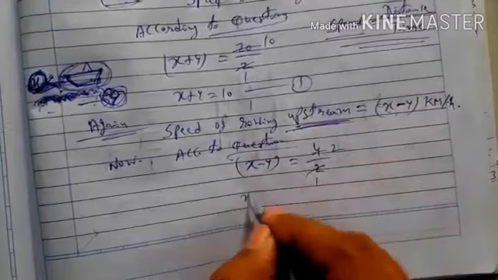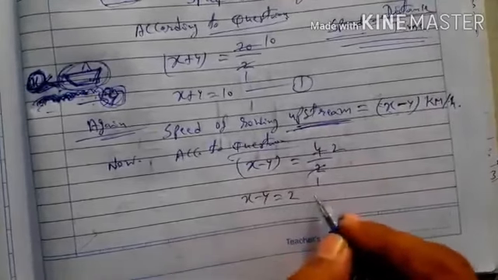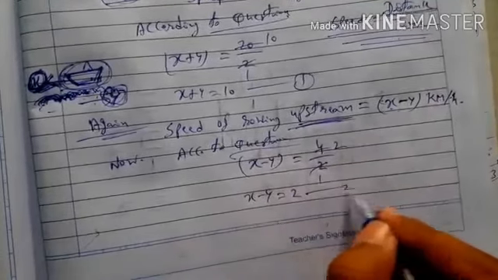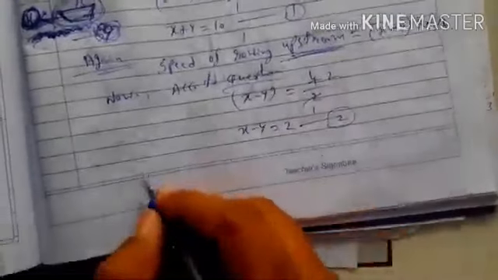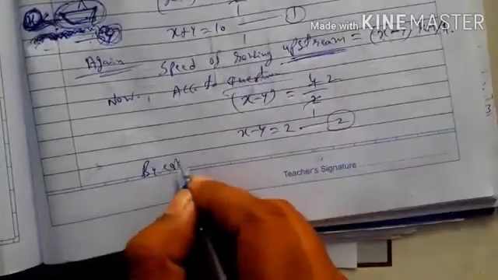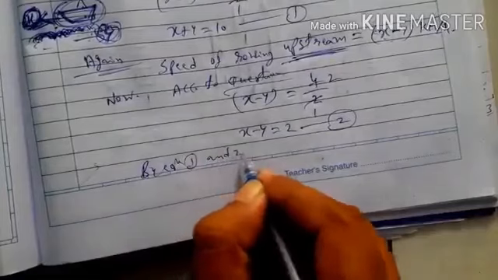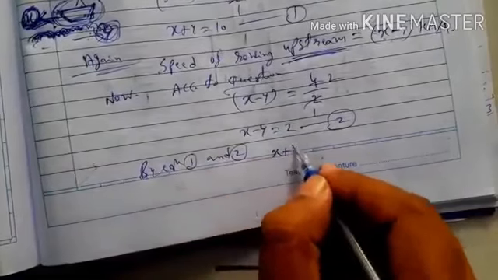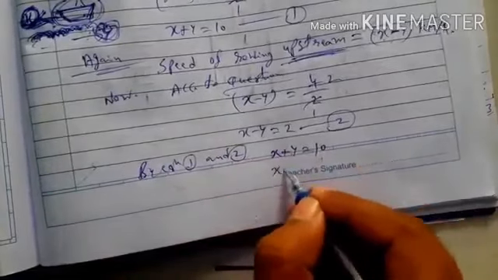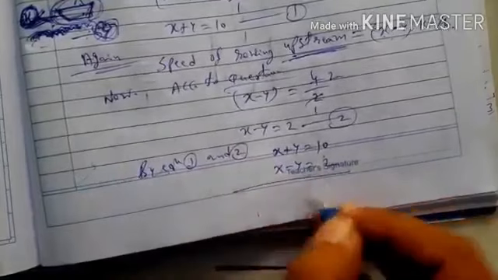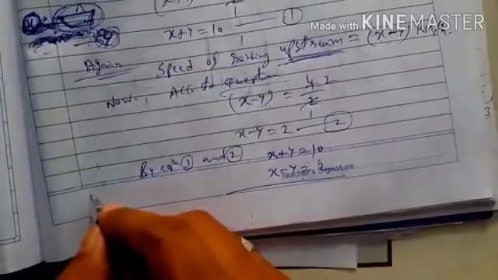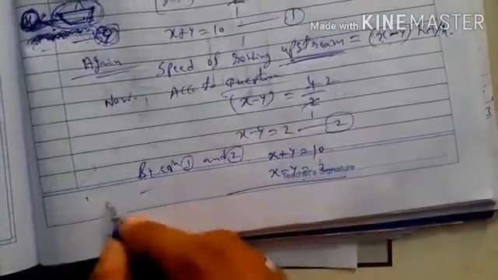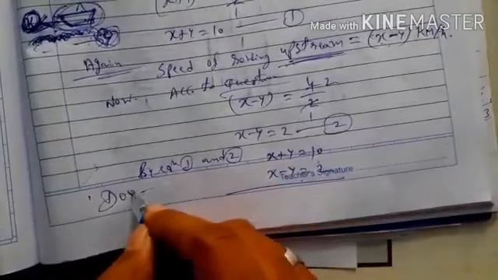So x minus y equal to 2. It is equation number second. So by equations 1 and 2: 1 is x plus y equal to 10, second is x minus y equal to 2. So solve this question by the elimination method.